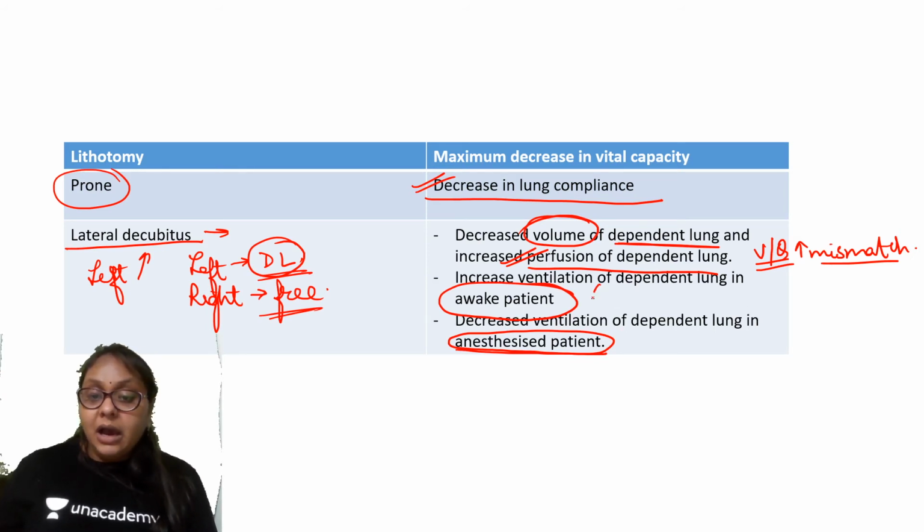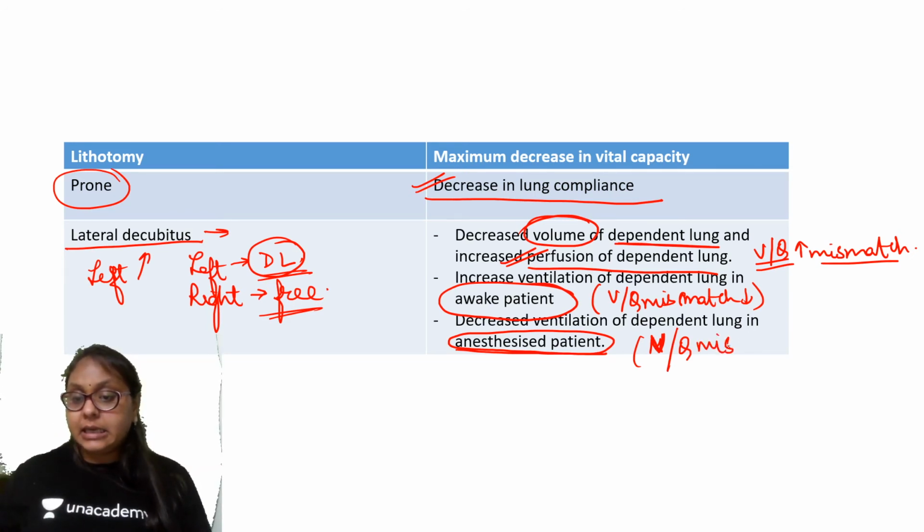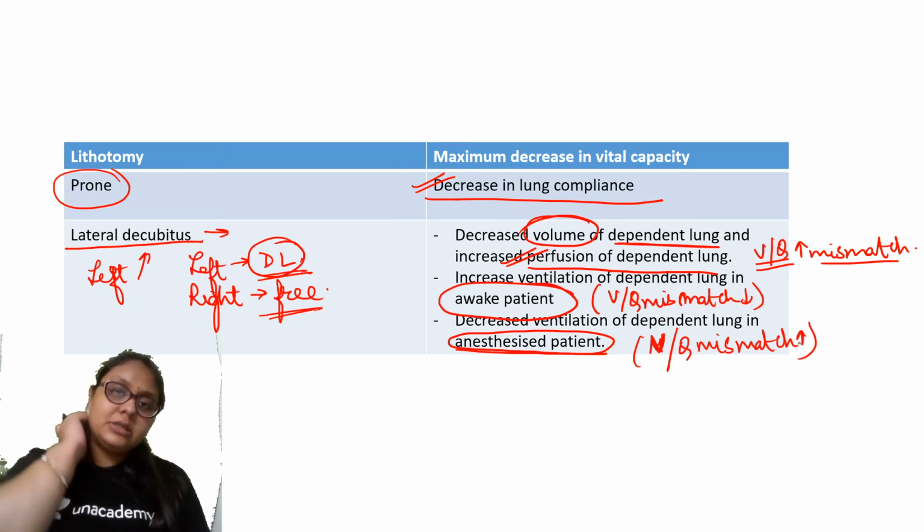So awake patient में ventilation perfusion mismatch decrease हो रहा है, मगर anesthetized में ventilation perfusion mismatch is increasing. ठीक है, so this happens in decubitus position.